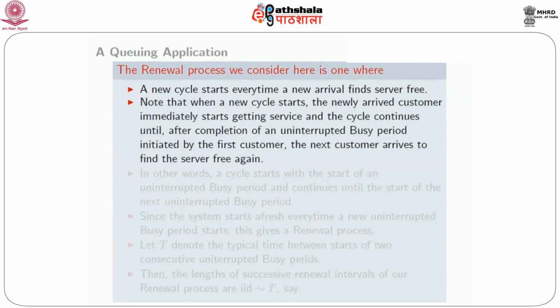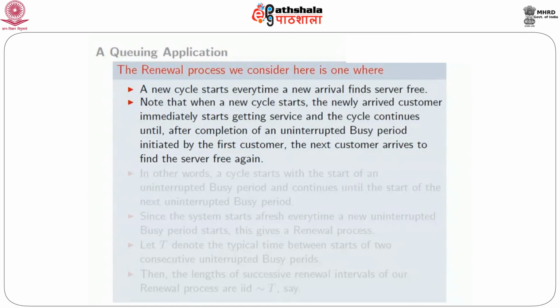Note that when a new cycle starts, the newly arrived customer immediately starts getting service, and the cycle continues until after completion of an uninterrupted busy period initiated by the first customer. The next customer arrives to find the server free again. So that's how it continues.